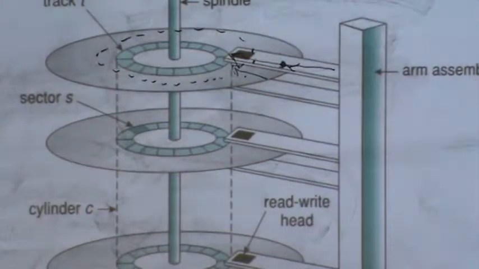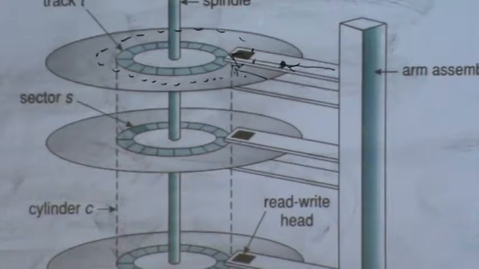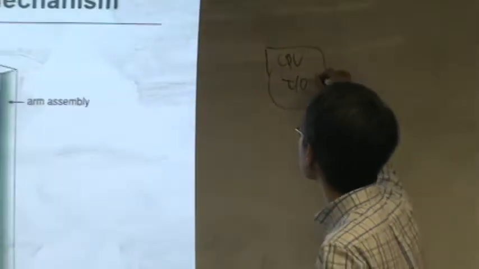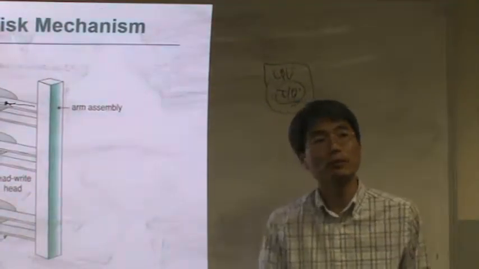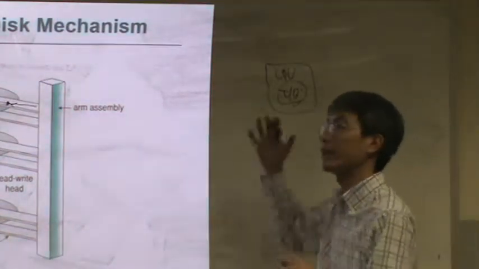That is the hardware. Then there's a CPU, and there's input and output. During input and output, the CPU cannot do anything, so there might be a context switch and also an interrupt.